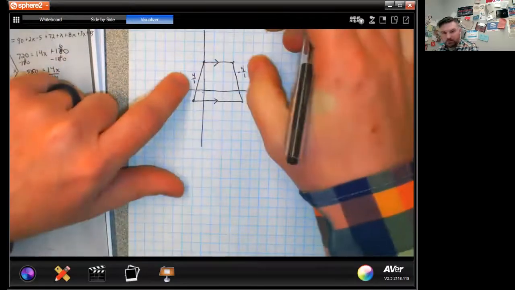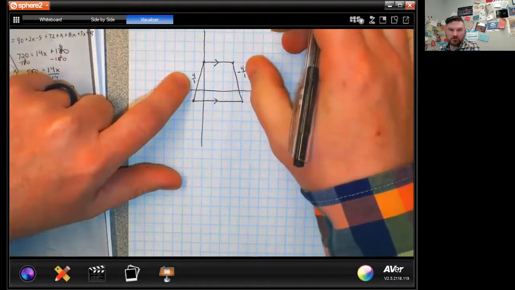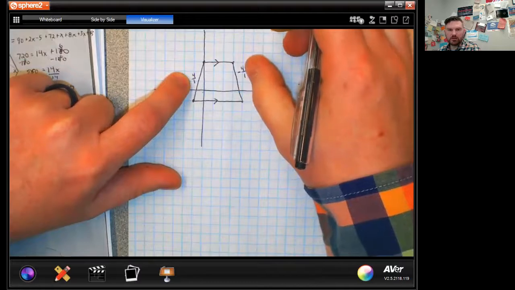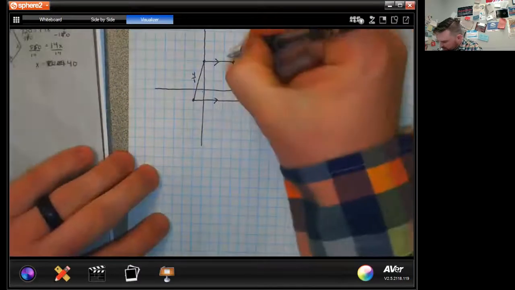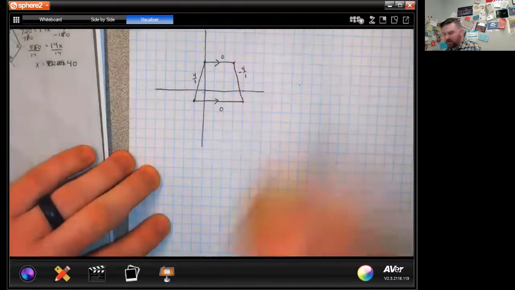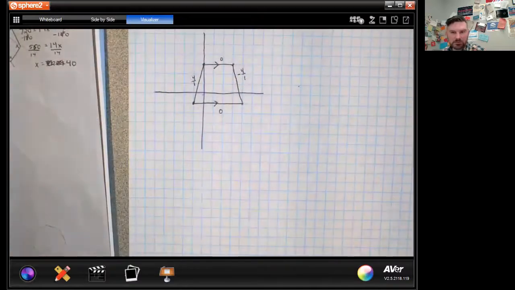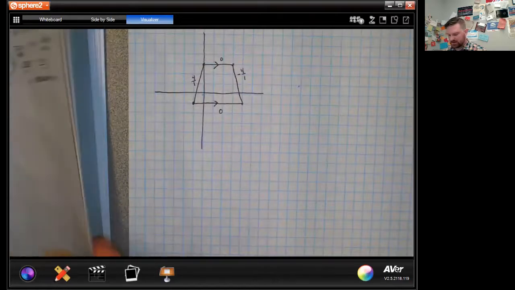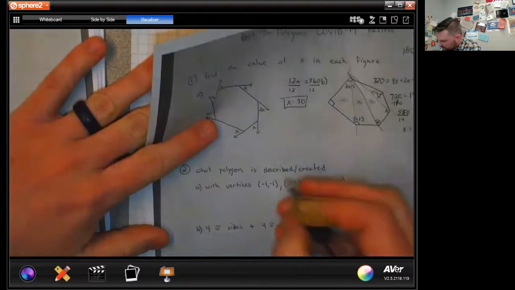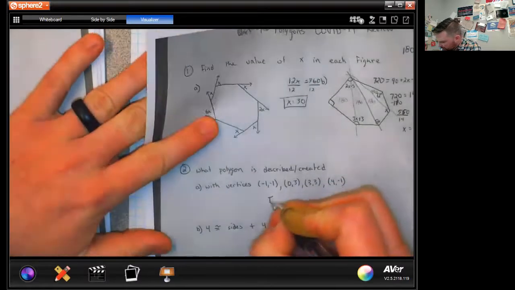So these two have different slopes, so they're not parallel. None of them have negative reciprocal slopes, so there's no 90 degrees. And in this shape, there's only one set of parallel lines. When you have only one set of parallel lines, you have a trapezoid.